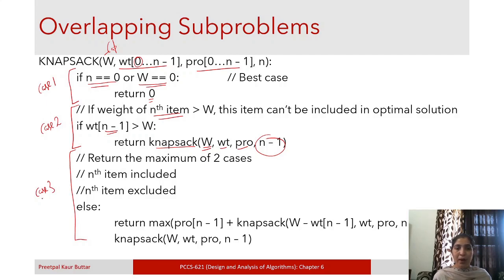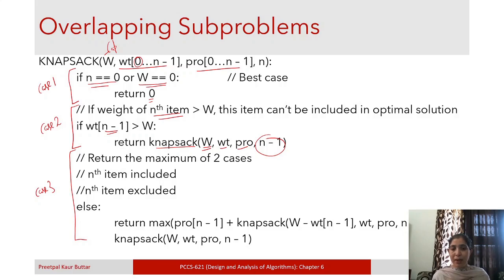So you can include the nth item in the knapsack. But you will decide whether to include it or to exclude it, right? So you will decide on the basis of the profit. Okay, if by including that item you are getting more profit, then you will include the item. If by excluding the item you are getting more profit, then you will exclude that item.